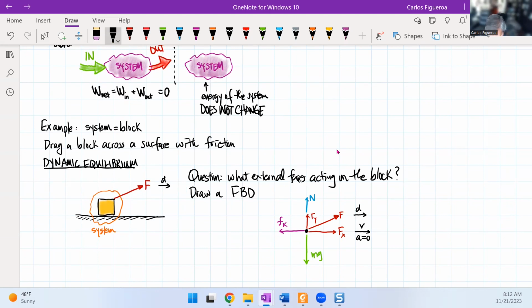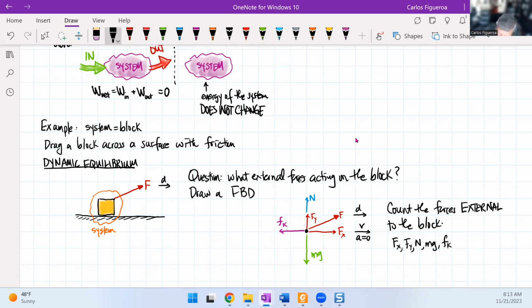So when you look at this thing, if we count the forces external to the block, you can clearly see that we have F of x, F of y, the normal, mg, and F of k.